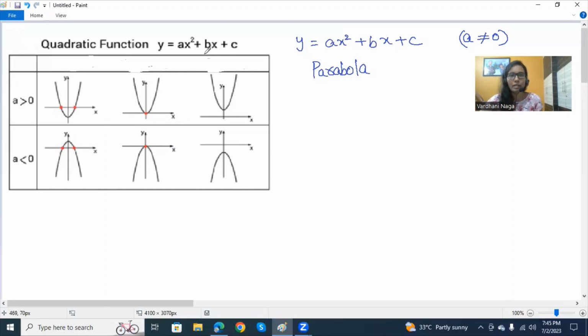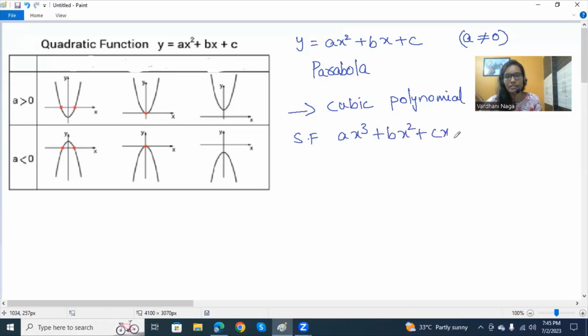This is about the quadratic equation. What about the cubic polynomial? I already discussed the standard form of the cubic polynomial in the previous video. It is ax³ + bx² + cx + d, where a should not be equal to 0.